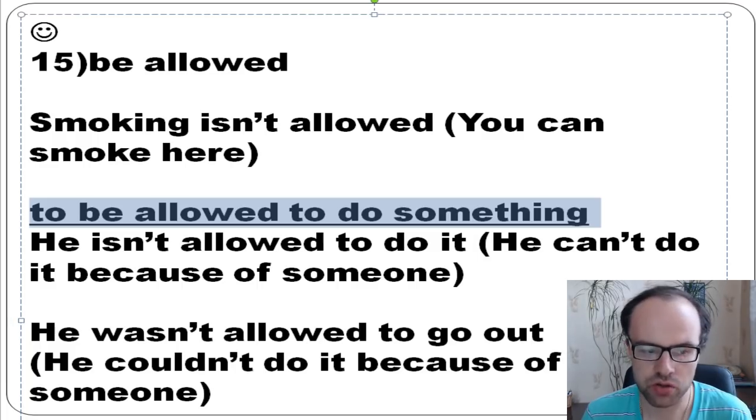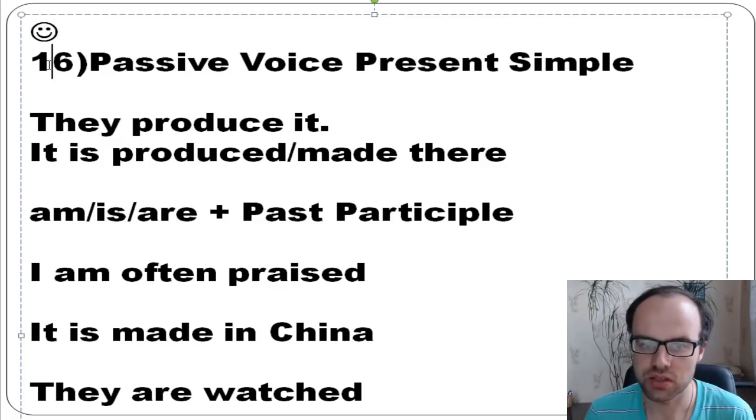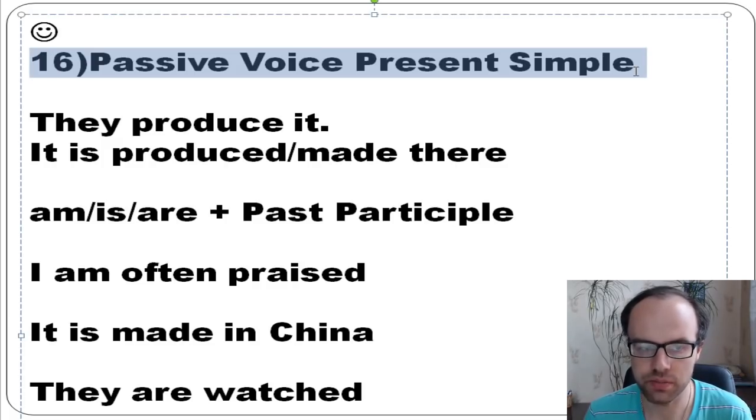Okay, let's talk about passive voice. Yeah, and also have a look at our video 12 English tenses and 20 English tenses forms, where we studied active voice and passive voice. So passive voice, present simple. Let's remember it.